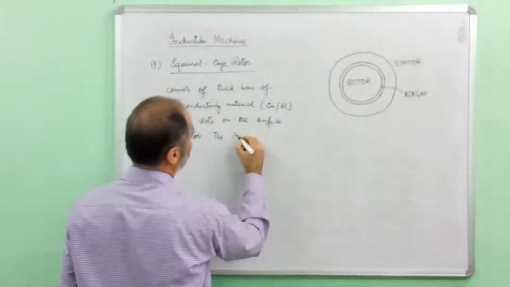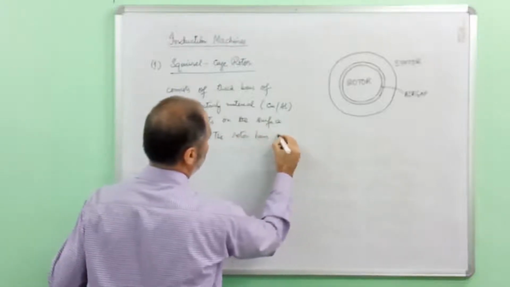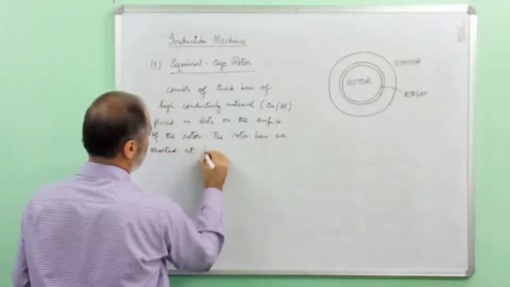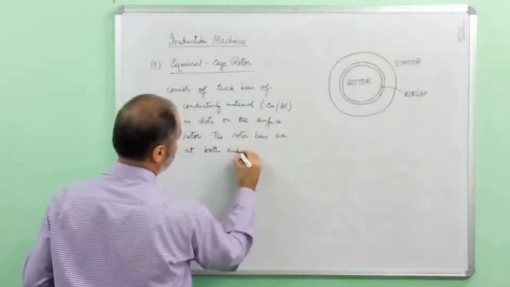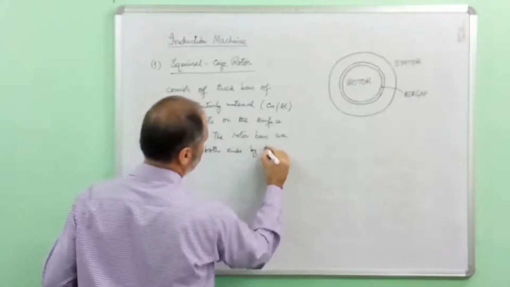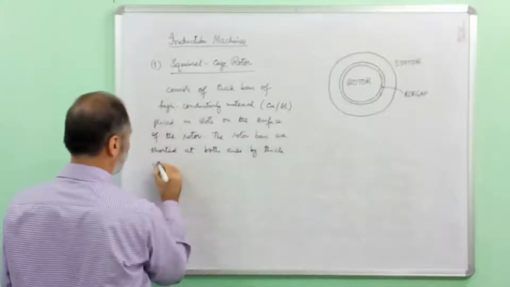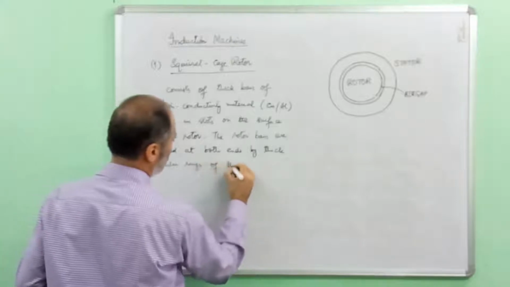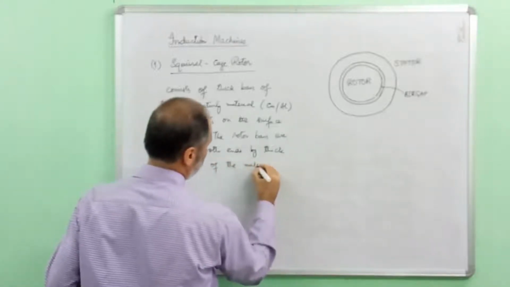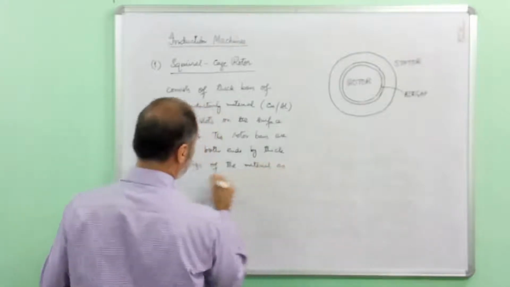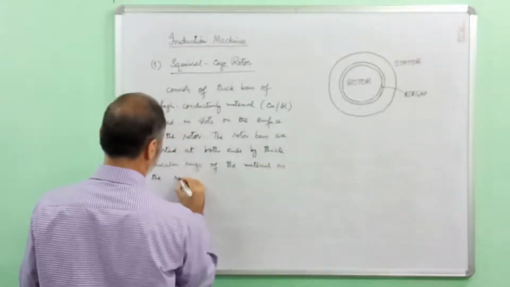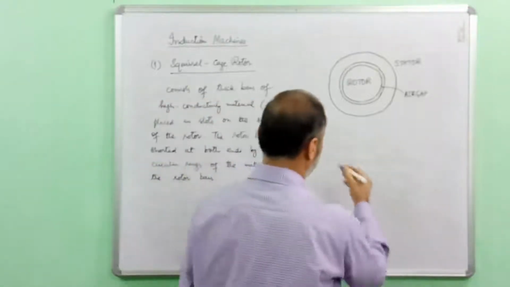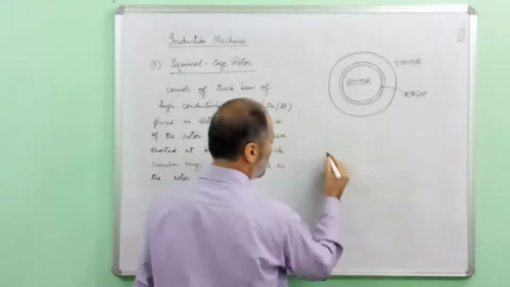The rotor bars are shorted at both ends by thick circular rings of the same material as the rotor bars. Let me draw a diagram here showing the details.